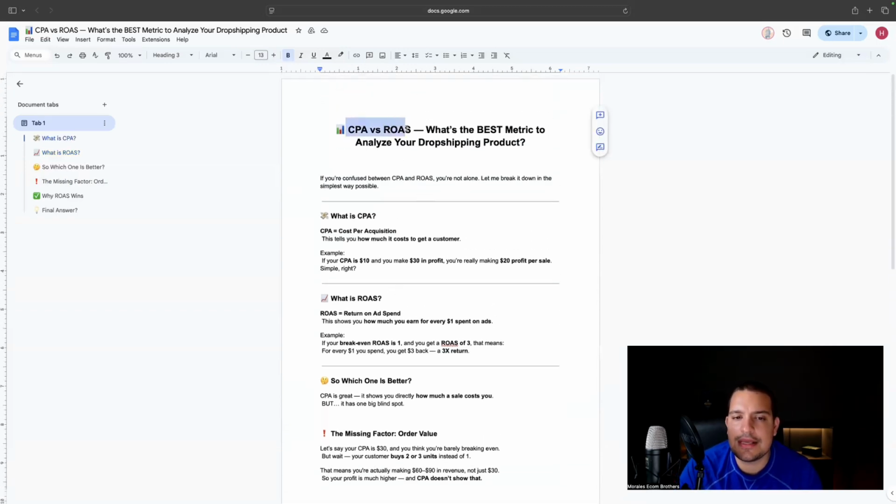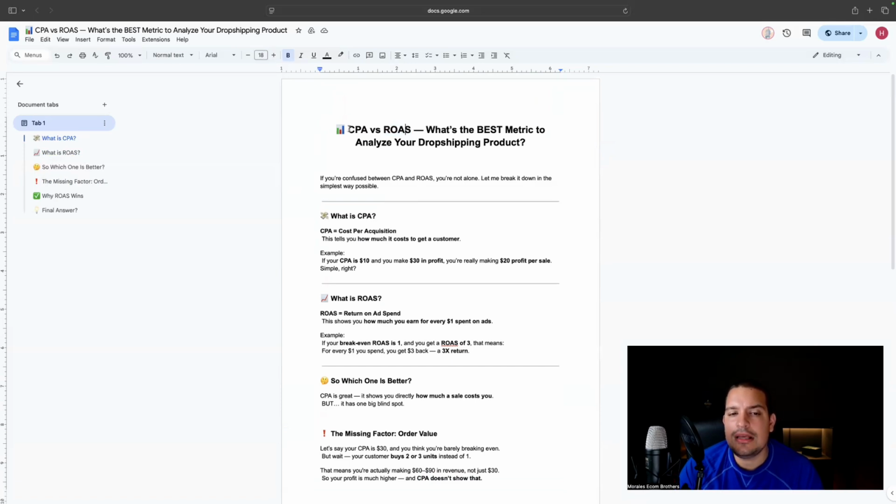This is what I wanted to speak with you about, guys, because a lot of people look at CPA and they look at ROAS, and let's be honest, CPA is an incredible metric because it tells you at a low level, when you're just testing products, it's easy to look at. With ROAS, you need to calculate your break-even ROAS. It's a little bit more complicated. And if you're testing a lot of products, then calculating your ROAS every single time is kind of long, to be honest.